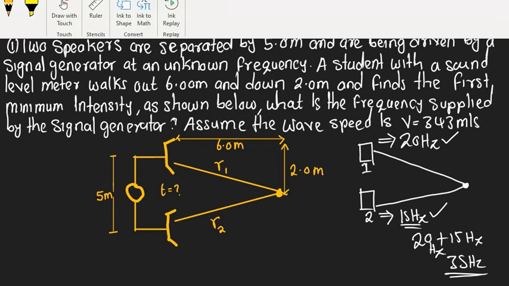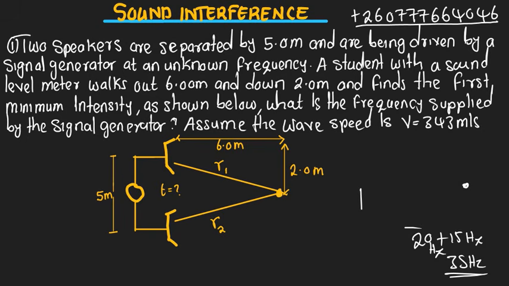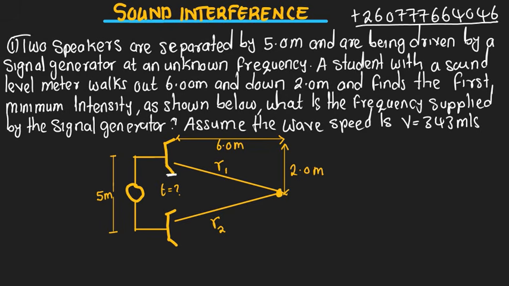Now, for this particular question, I want you to see something. Remember that you are producing sound from this particular speaker, and that sound travels a distance from where it's being produced up to here. This is called the path length. Even this side is called the path length. Now, the question is saying that after reaching here, this guy could get a first minimum intensity.